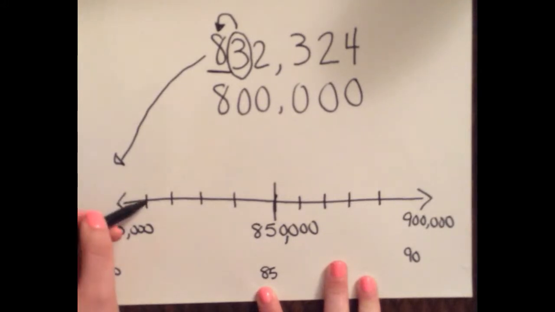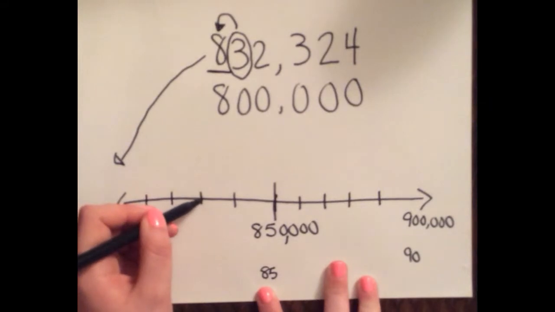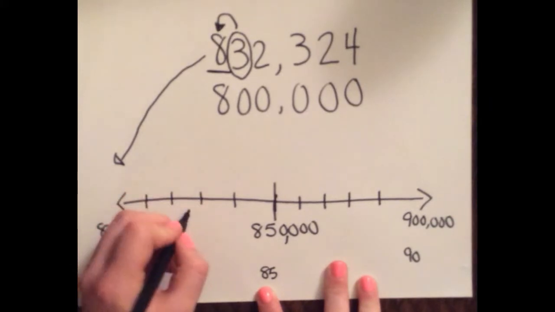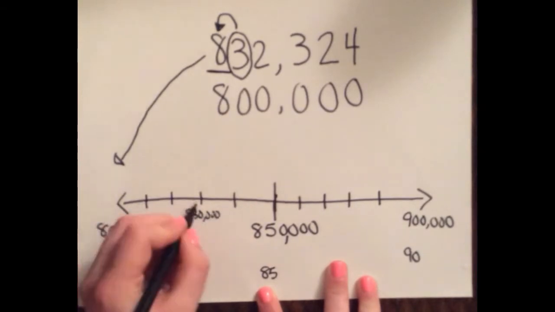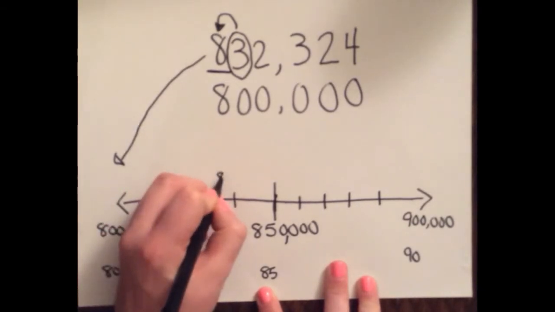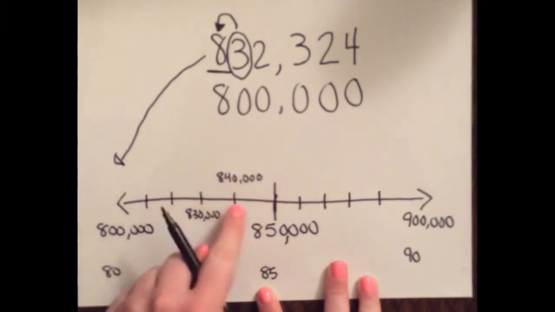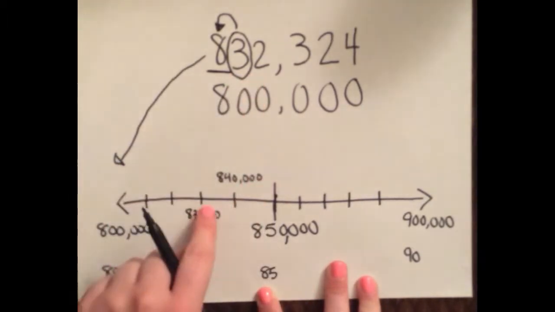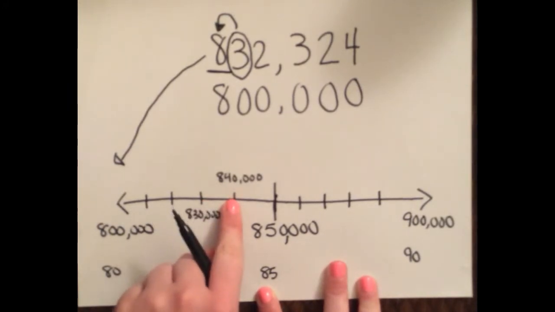810,000, 820,000, 830,000, 840,000. So my number is going to be in between these two numbers. 32 I know is closest to 830 rather than 840.